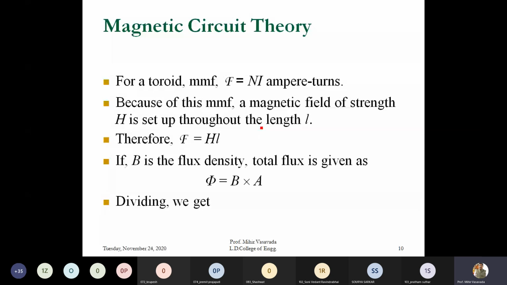Because of this MMF, the flux is established in the circuit and you have the magnetic field strength set up throughout the length of the circuit, that is L. So H is MMF upon L, so MMF is H into L. If B is the flux density, then B equals flux per area, so B is phi upon A, area of the magnetic circuit. Using that equation, flux is B into A.